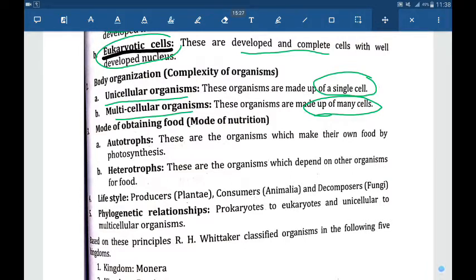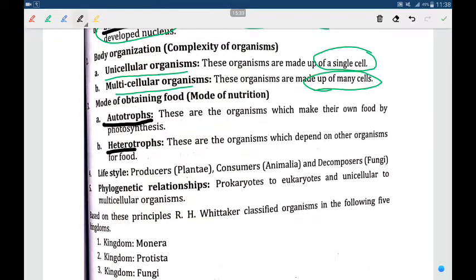Now, students, we are discussing autotrophs and heterotrophs. What do you mean by autotrophs? Organisms which make their own food are autotrophs.